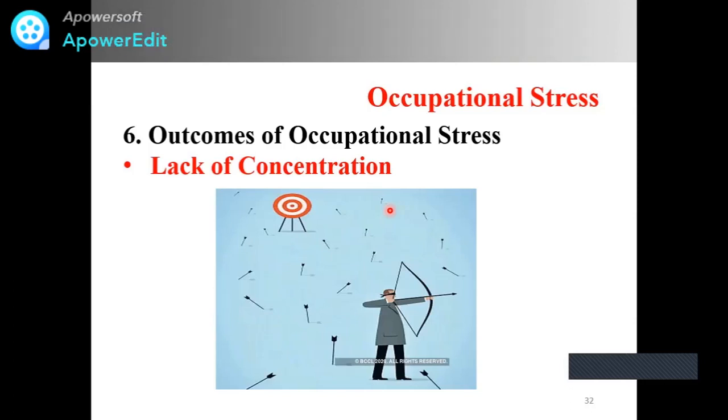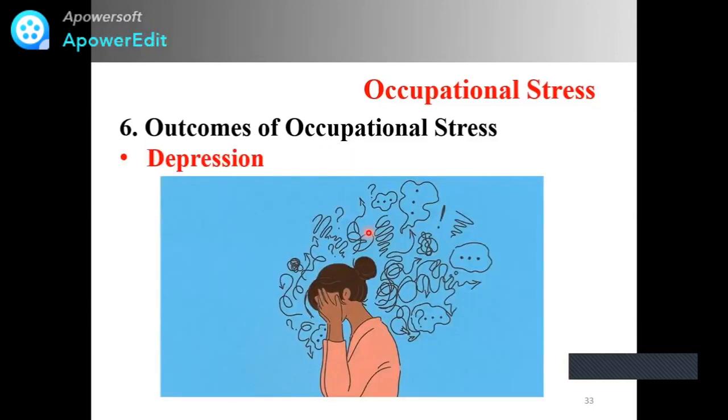Then the stress hormone cortisol is constantly released and can lead to cell damage in the brain and thus to concentration problems. Depression. Sustained and chronic stress leads to elevated hormones such as cortisol and reduced serotonin in the brain, including dopamine, which has been linked to depression.